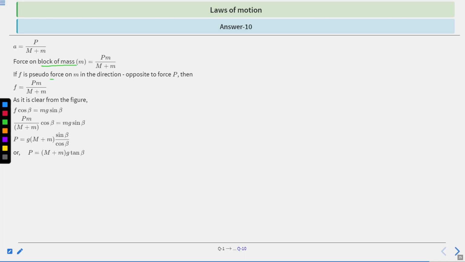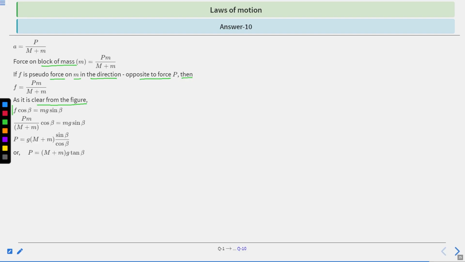If F is the pseudo force on m in the direction opposite to force P, then F equals Pm upon (m plus m). As is clear from the figure, F cos beta equals mg sin beta.